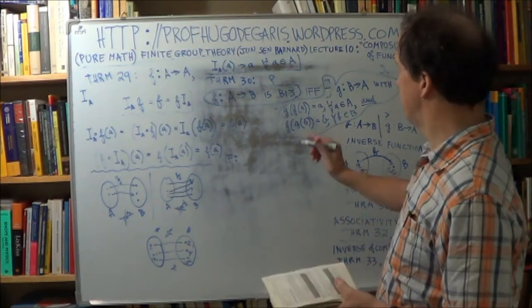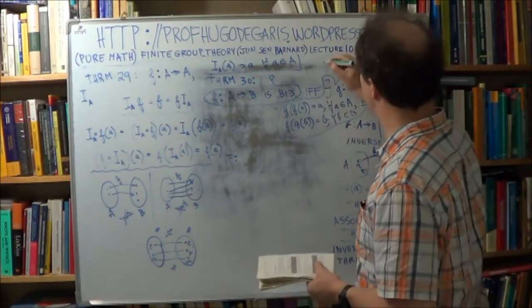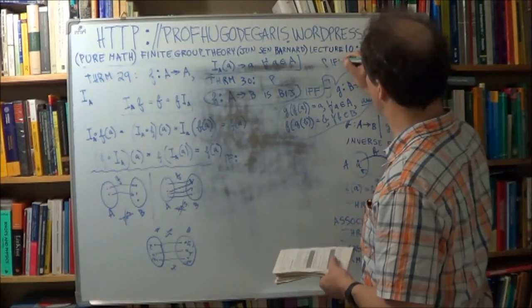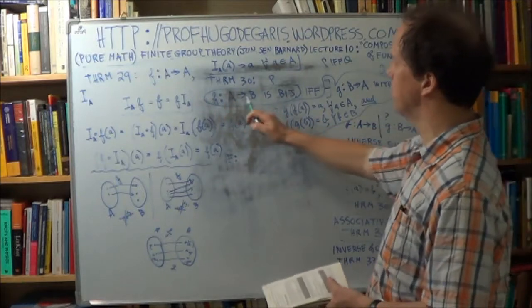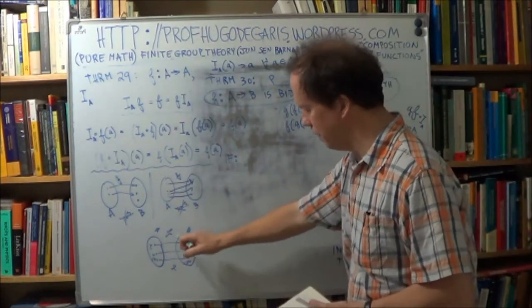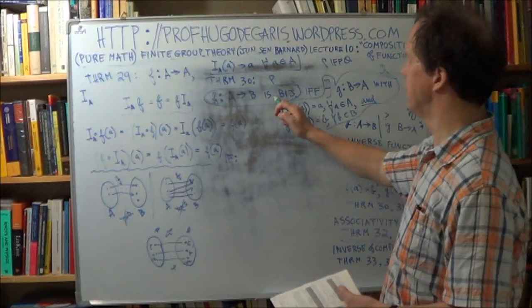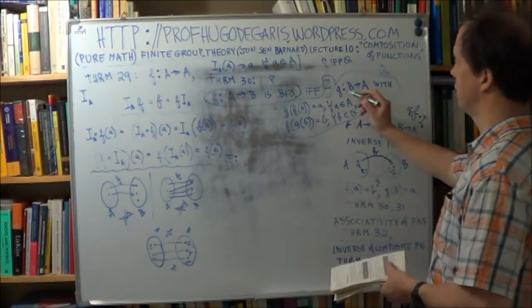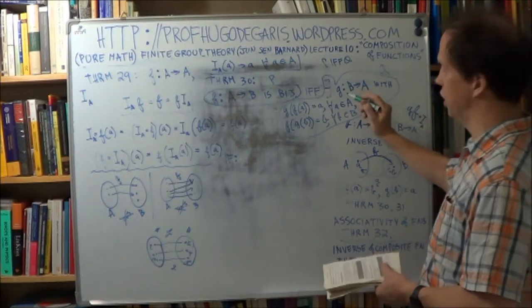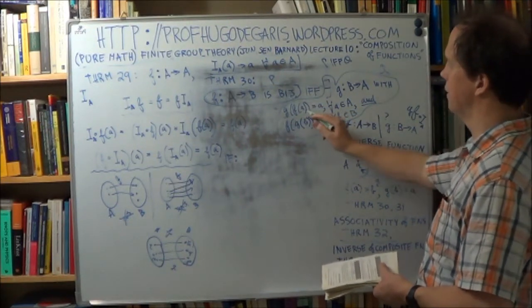And so P if and only if Q. Right? P's the statement that your function f here is bijective, if and only if all this stuff. You know, that there is a function g that takes you back, and it has these properties.